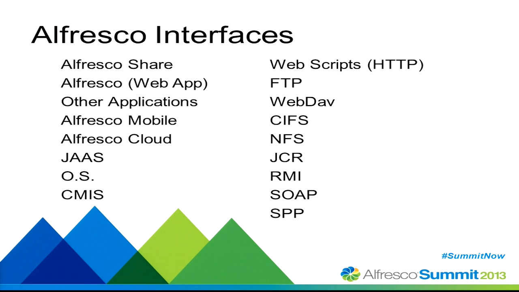I could probably add a third column onto this slide, but Alfresco has lots and lots of different interfaces, all of which will have slightly different security requirements. So, for example, FTP can do certain types of authentication. HTTP-based web applications can do certain types of authentication, and the list goes on.